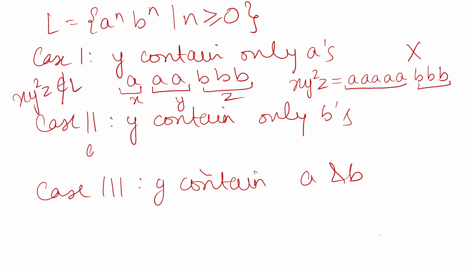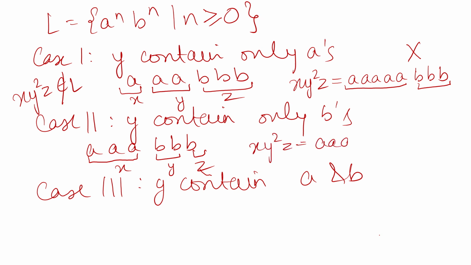Similarly, in only b's, suppose we have a triple, b triple, and we take this as x, this as y, and this as z. Similarly, x y squared z will be triple a, 4 times b, and 1 more b. 3 times, 5 times.